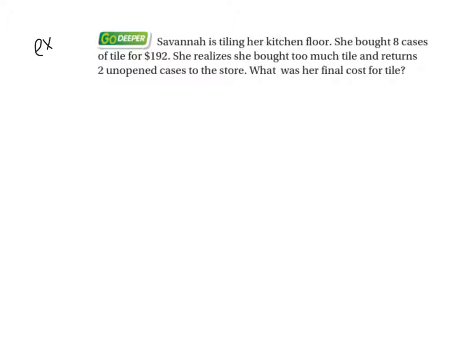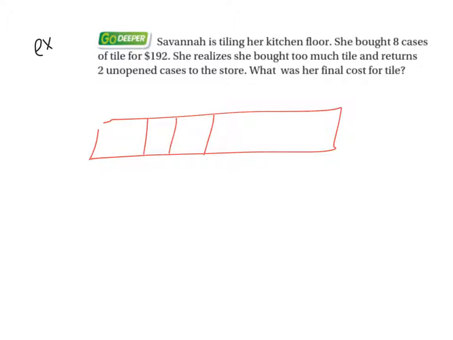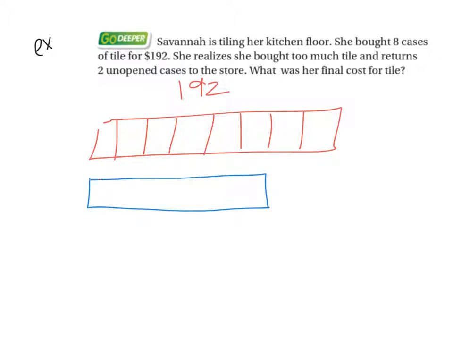Okay, so if I was to draw a bar model for 8 cases, for 8 cases it was $192. But she returned 2 of them to the store, which left her with just 6 cases.